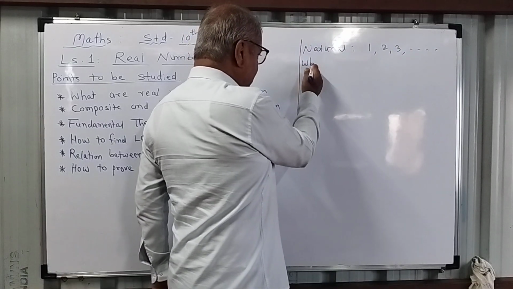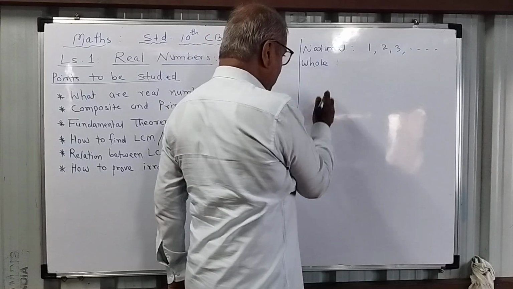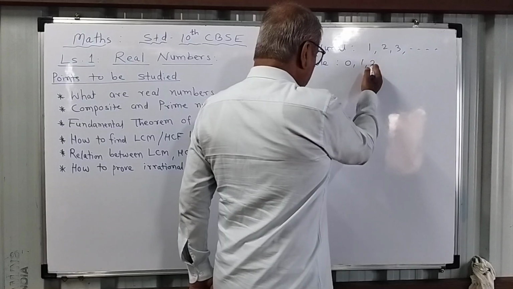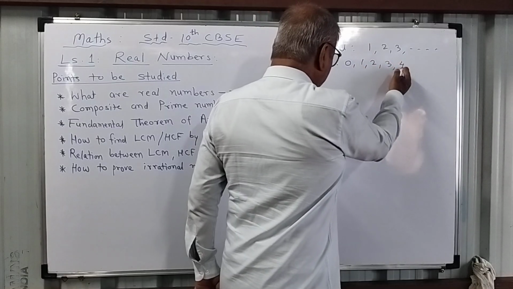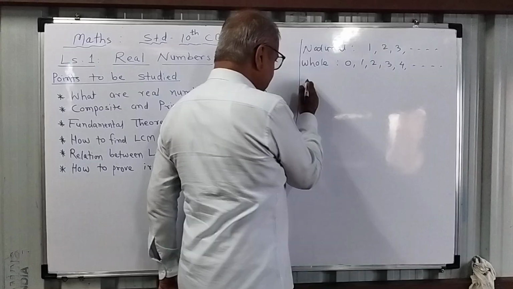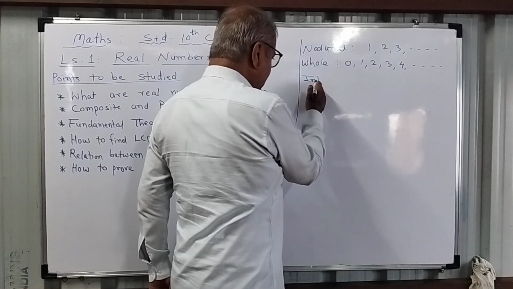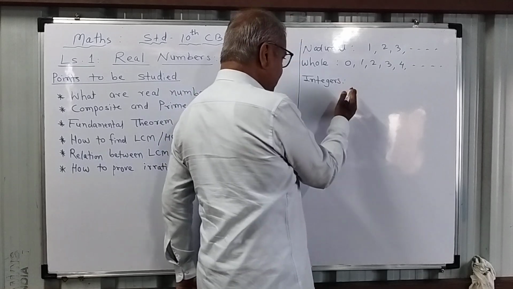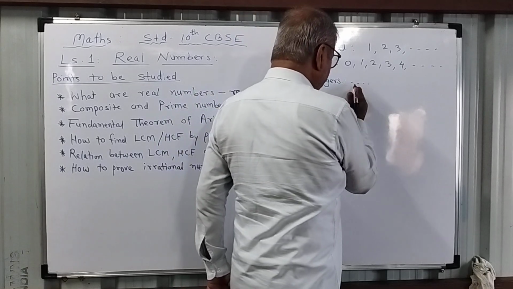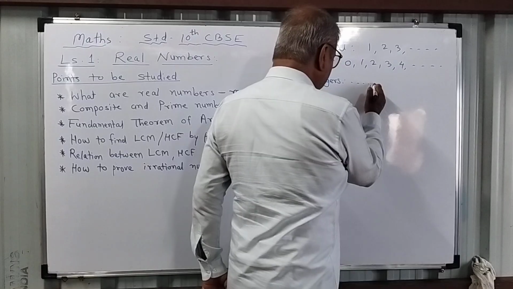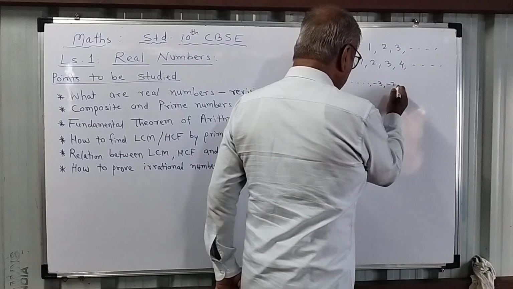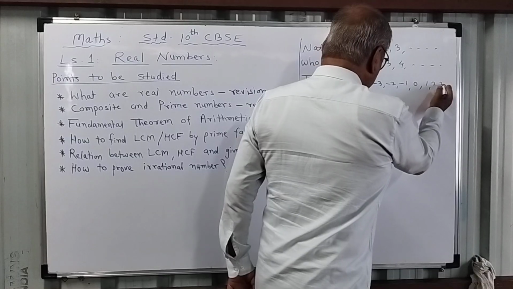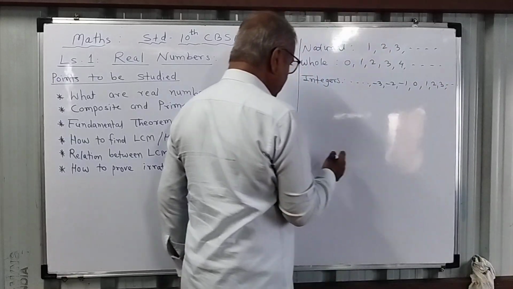Then whole numbers, only add 0: 0, 1, 2, 3, 4 and so on. Then integers: dot dot, infinite, -3, -2, -1, 0, 1, 2, 3 and so on.